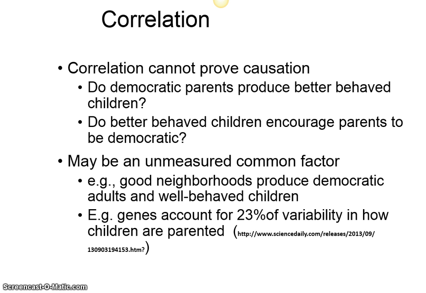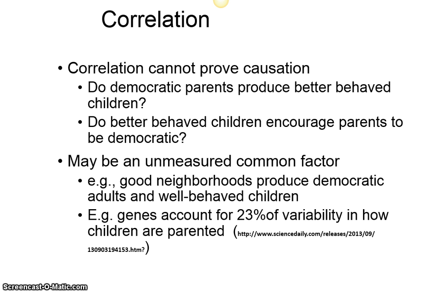So it's possible that democratic parents produce better behaved children, but it's also possible that children who behave very well encourage parents to give their children more leeway and encourage the parents to become more democratic, for example. So there may be an unmeasured factor here.